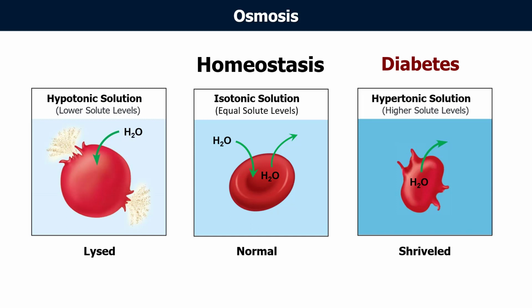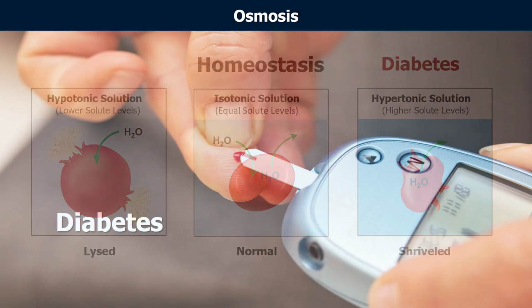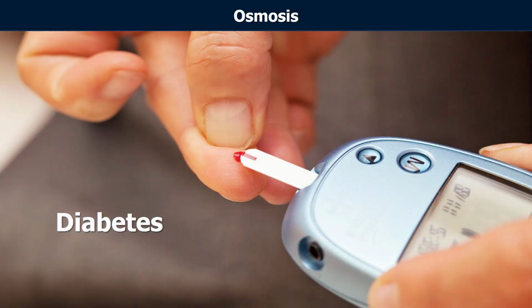And under those conditions, under the conditions of diabetes, blood cells are shriveling up and losing water, and there's all kinds of problems that result from that. The person's blood is no longer isotonic with regards to blood sugar, specifically glucose. As a result, people who are diabetic constantly have to be monitoring their glucose levels and taking insulin as needed to try to maintain that isotonic homeostatic scenario.